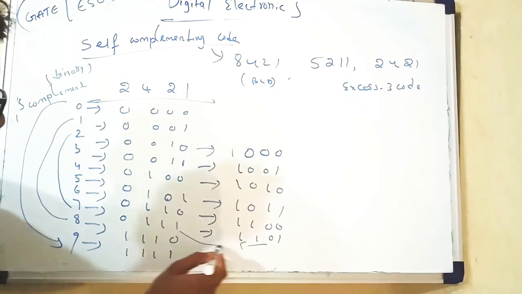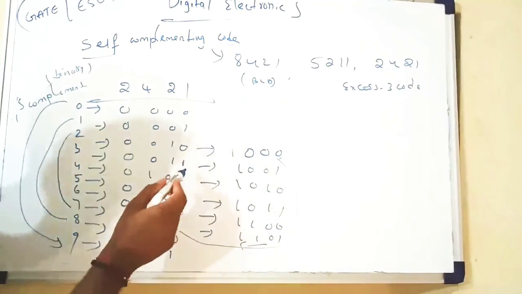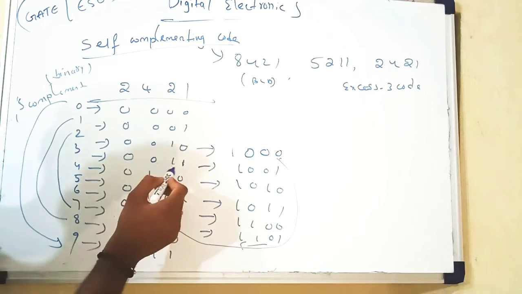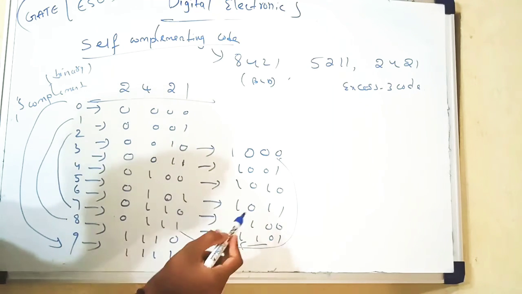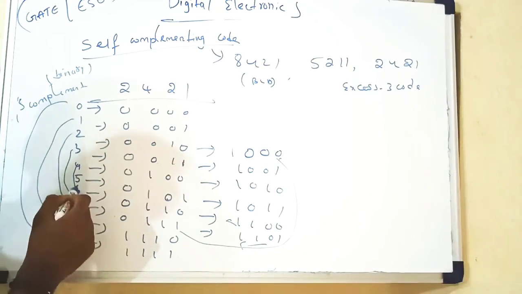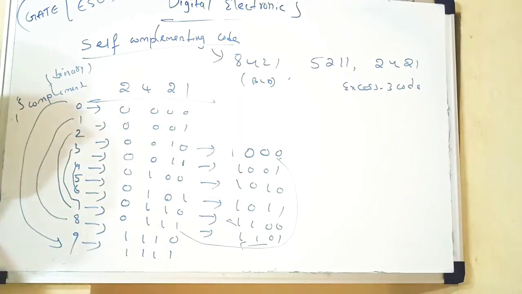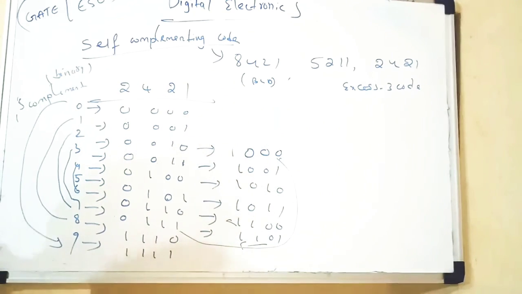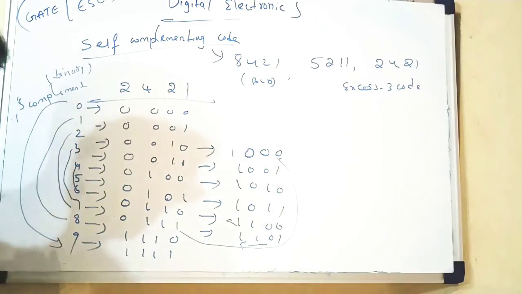Yes, this also matches. Similarly, all will match. 3 means 0011. Its complement is 1100. Similarly, all will be matched. And 5 will remain the same because for 5 there is no complement. This is all about self-complementing code.